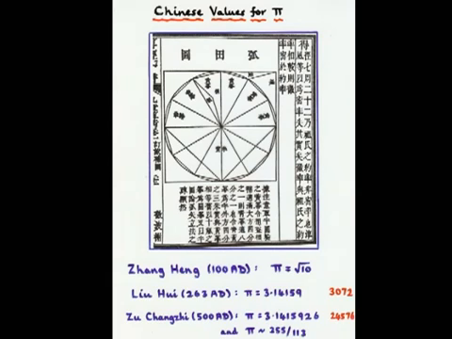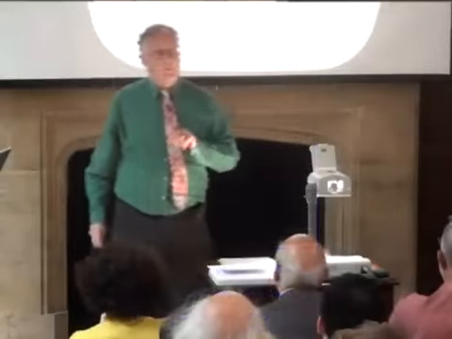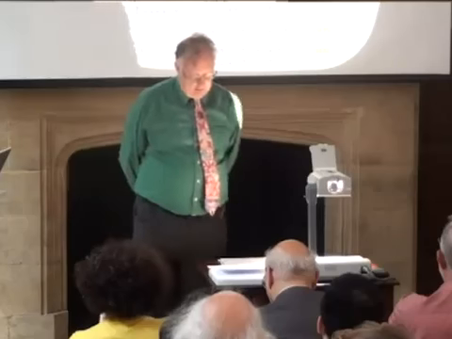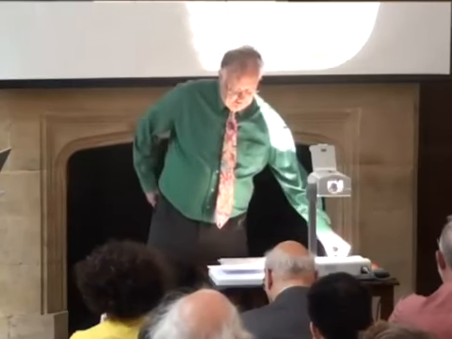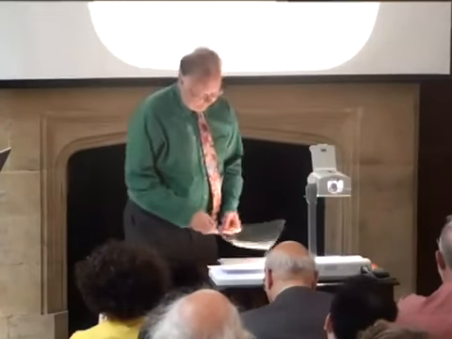They also replaced the crude estimate 22 over 7 by the better one, 355 over 113, which gives pi to 6 decimal places, and that approximation wasn't rediscovered in Europe until 1,000 years later. Further improvement didn't come until around 1400 in the Islamic world.